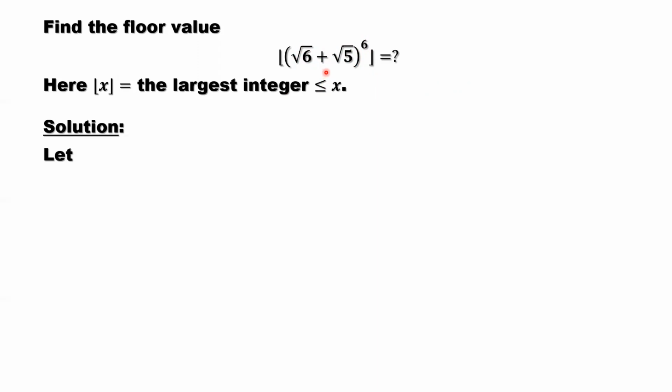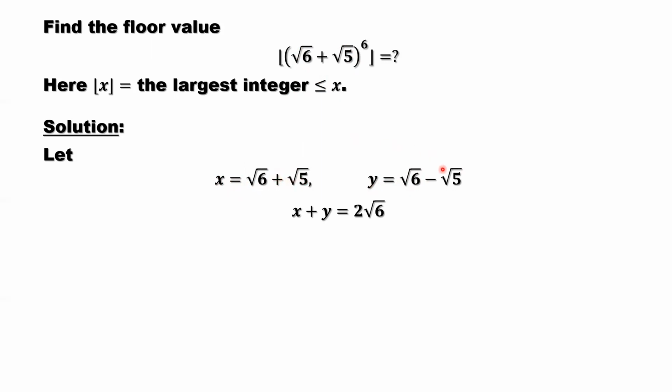Now let's define two variables here. One is x. x equals the inside part. y equals the conjugate of x. We have the two equations here. We add the left-hand side together. That's x plus y.